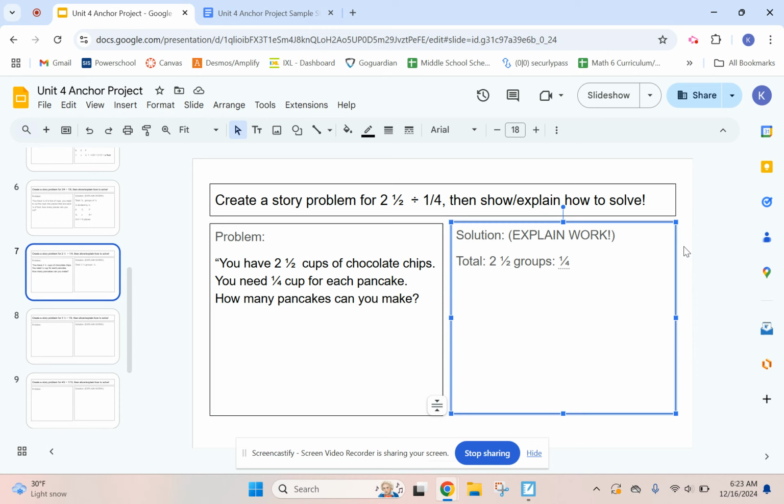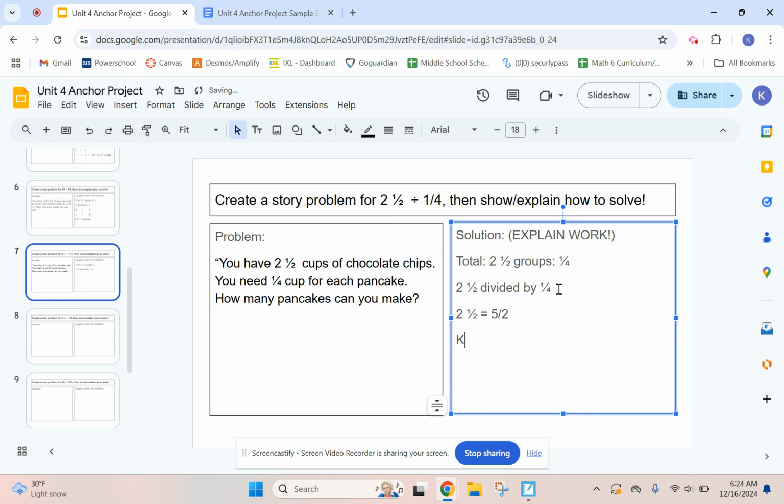First thing we need to do, since we have an improper fraction, is change that into a mixed number. And if you remember how to do that, you multiply the denominator and the whole number and add the numerator. So for 2.5, it would be 2 times 2, which is 4, plus 1, which is 5 over 2.